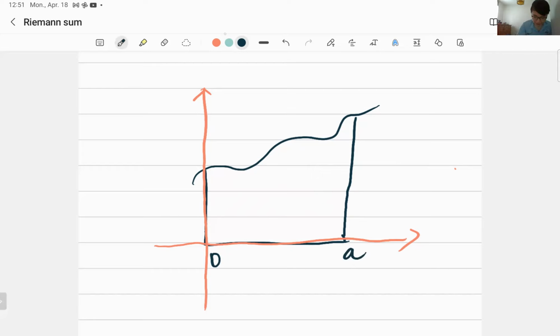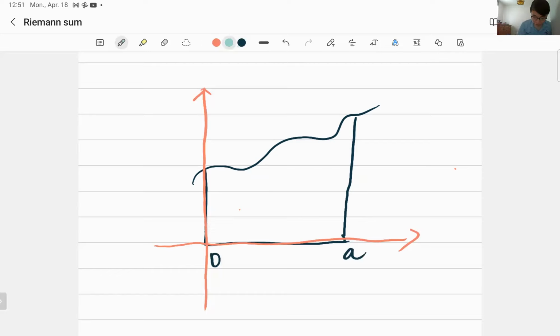What I want is to measure the area under the curve, this part here. What are my ways of doing this? As I said before, we know the formula for a rectangle. In general it's width times length.